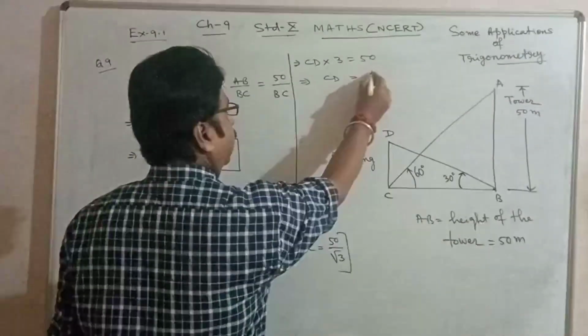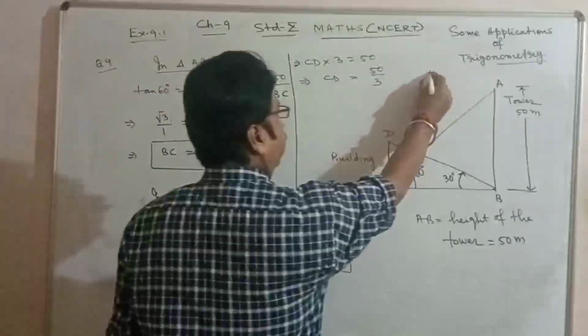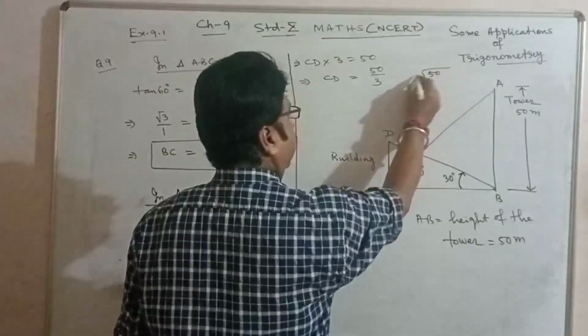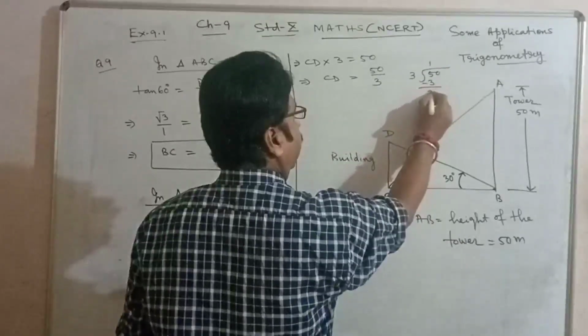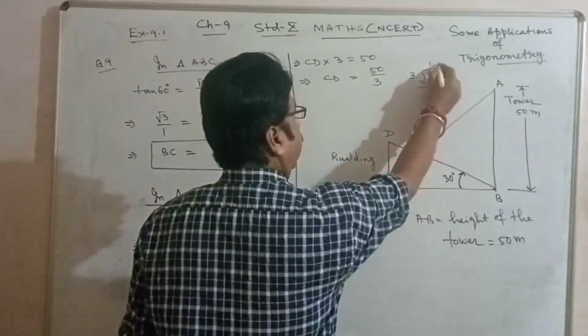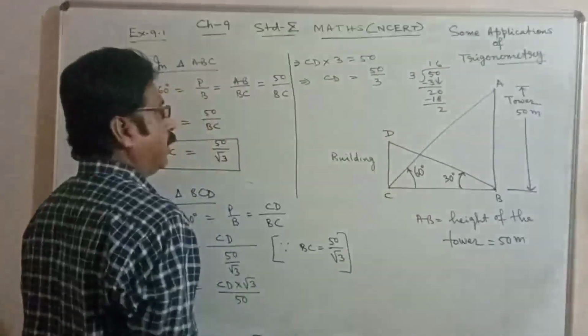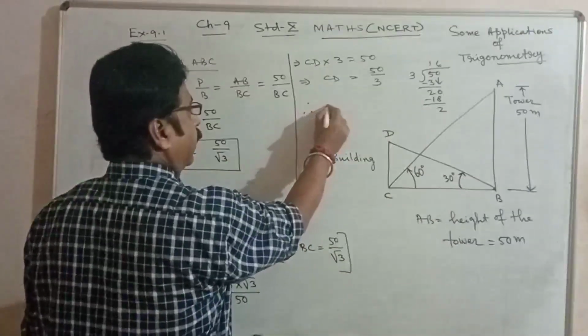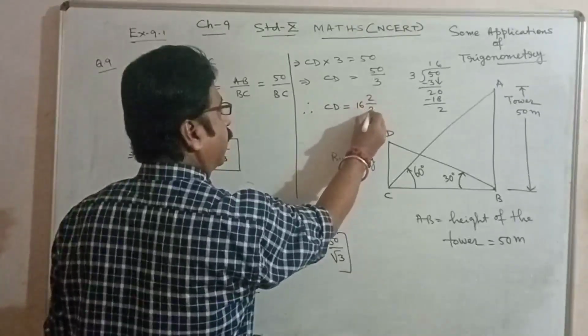CD is 50 upon 3. 50 if you divide by 3, therefore CD is 16 2 upon 3.